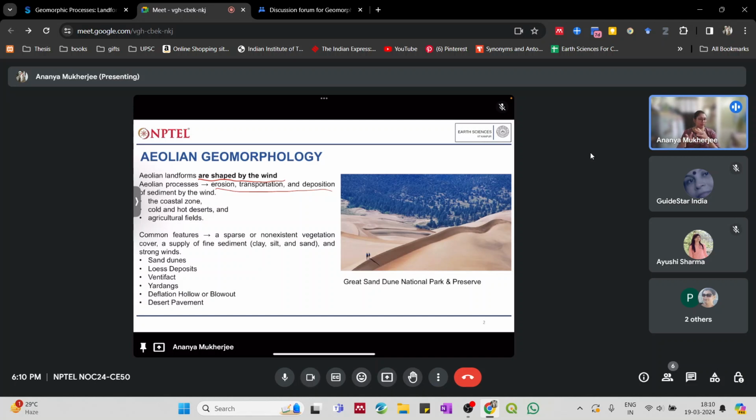During summertime, the winds can carry a lot of sediments and shape up the dunes present in the coastal zone. So while some features are dominantly formed by wave action, the formation of a few features in the coastal zone can be due to the wind.